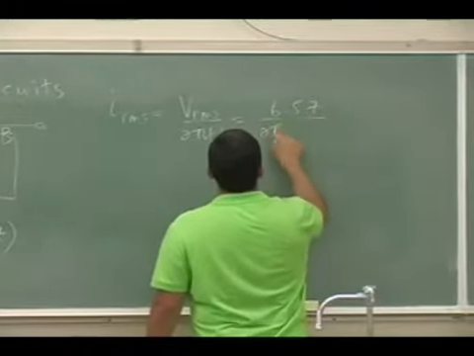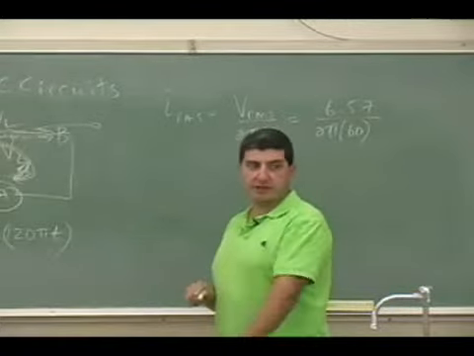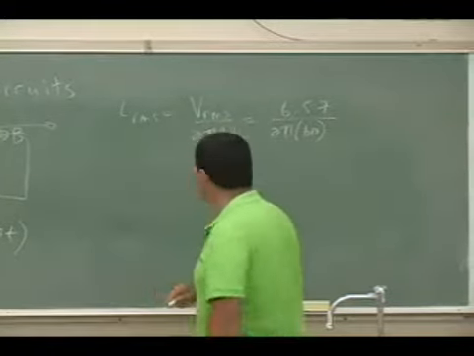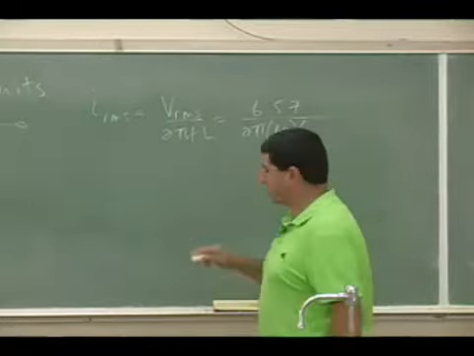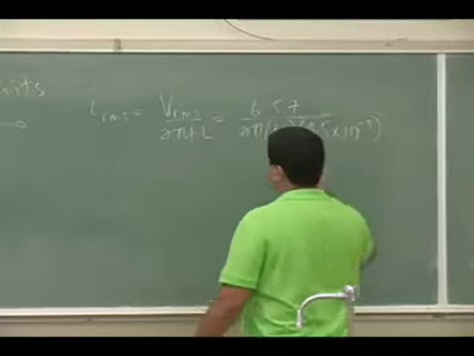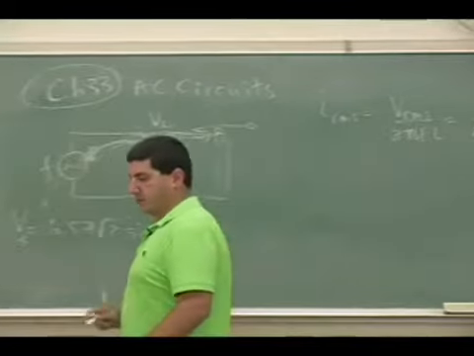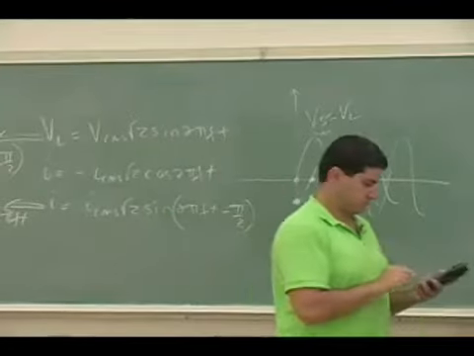6.57 over 2 pi times 60, because we're using a regular source here. It's 60, and then the inductor, remember, was 9.5 millihenries. Okay, so calculate all that. Let's see what we get, and then we'll check it.